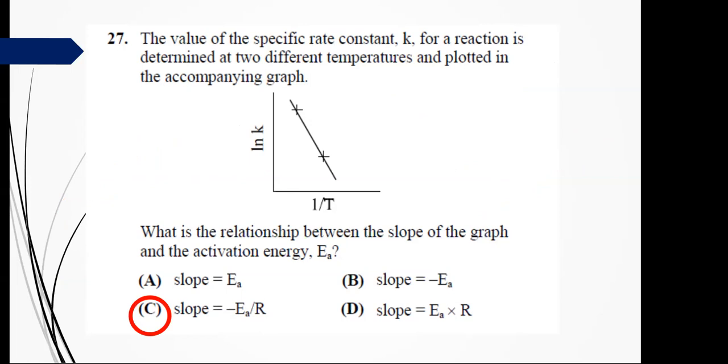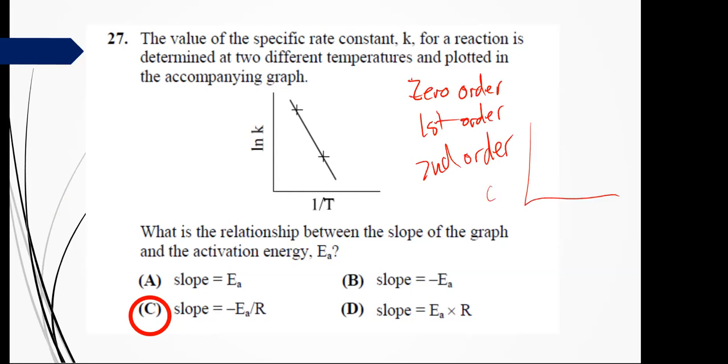So just with your rates, you want to make sure that you have them tied together with why a straight line is important for different ones. Now remember that zero order, first order, and second order rates all give you different types of graphs for your concentration versus your K or your changes.